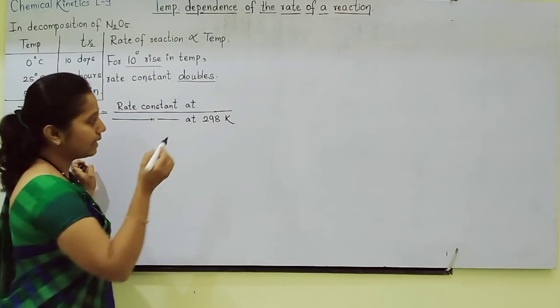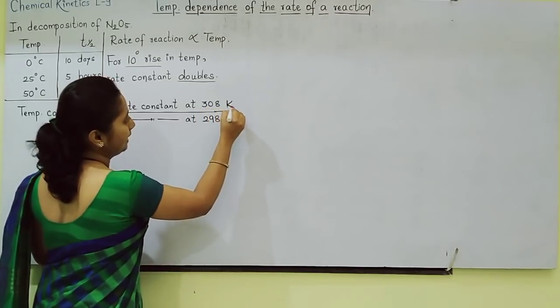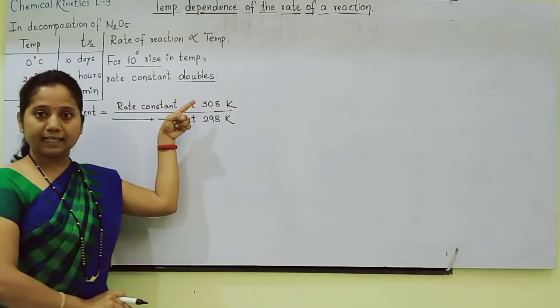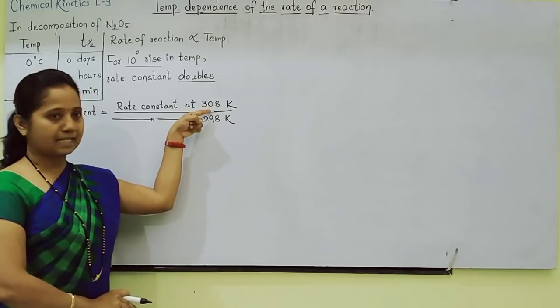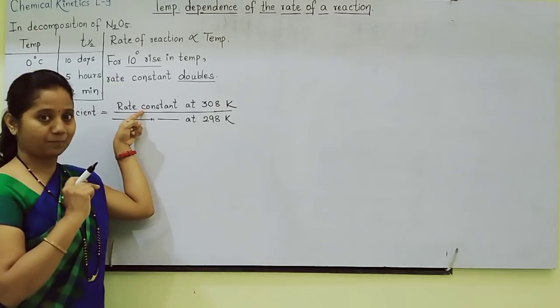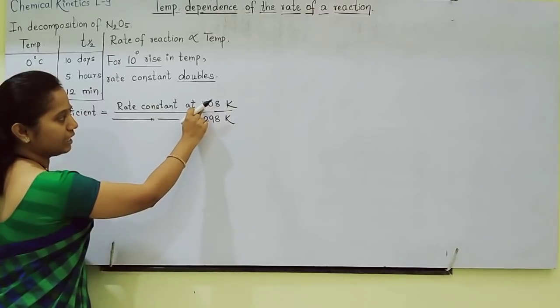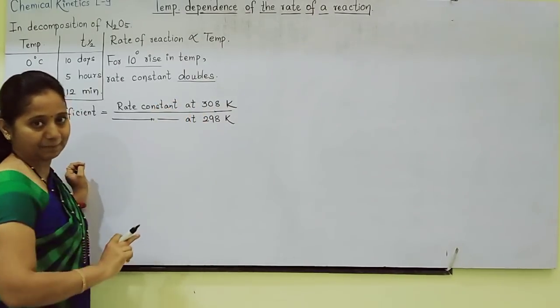Make a 10-degree rise in temperature, it becomes 308 Kelvin. Is it a 10-degree rise in temperature? So whenever there is a 10-degree rise in temperature, rate constant doubles. Whatever is the rate constant at 308, it will be double the rate constant at 298.